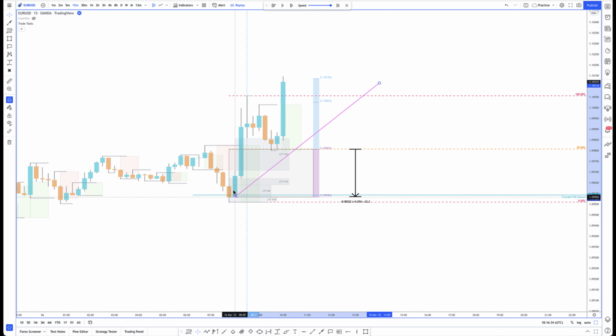I was able to determine what elements are available inside this trade zone that can support the price once it comes back for a mitigation. There has to be a reason for price to come back to mitigate, because if none of these existed, then when the price came back, there was nothing for it to support. It will basically just pierce through my trade zone, and that would obviously mean a loss.